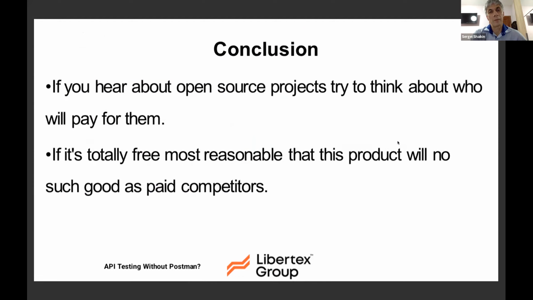And I think there are two ways in your work: earn money, and the other is to be afraid to lose your money, I mean your salary. And it's totally free, most reasonable, but this product will not be as good as paid competitors.